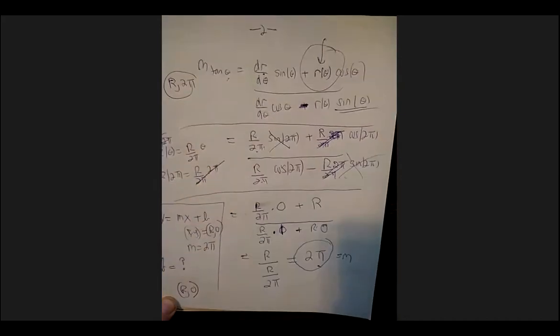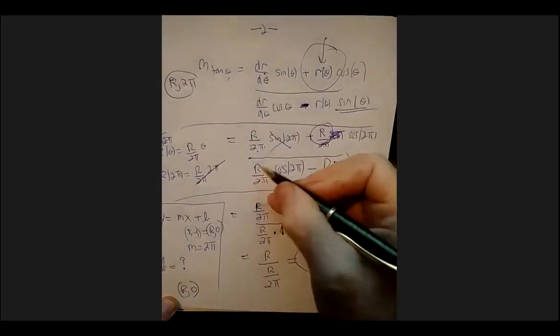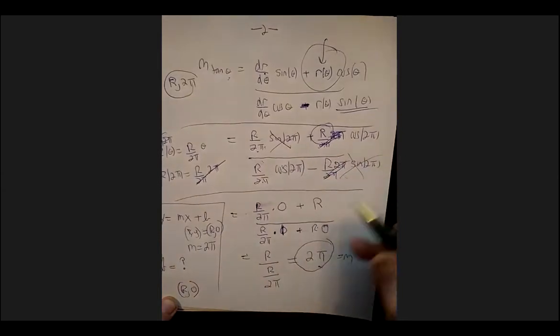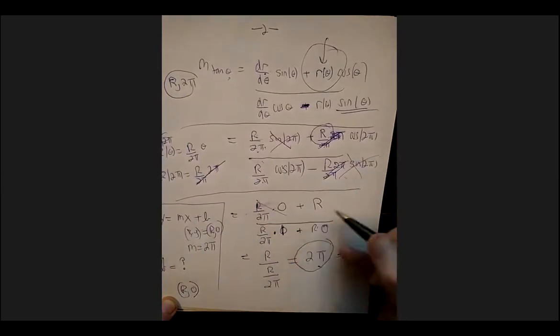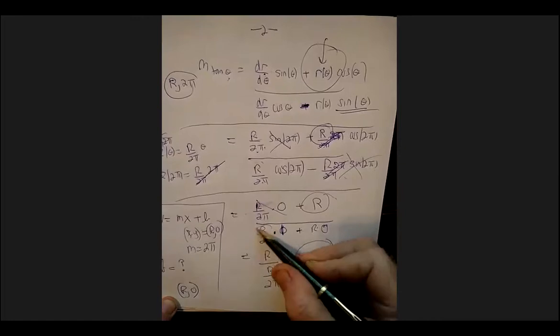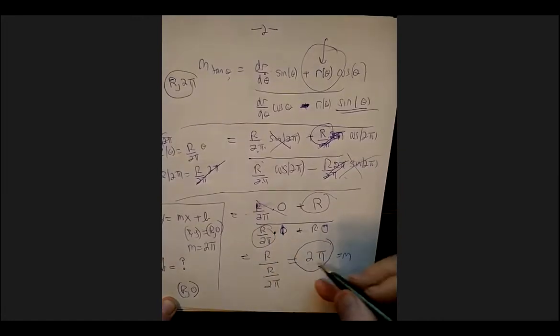So that cancels, so I'm just left with the r. This cancels, so I'm left with this 0, so I'm left with the r on top and the r over 2π in the bottom. That simplifies simply to 2π.